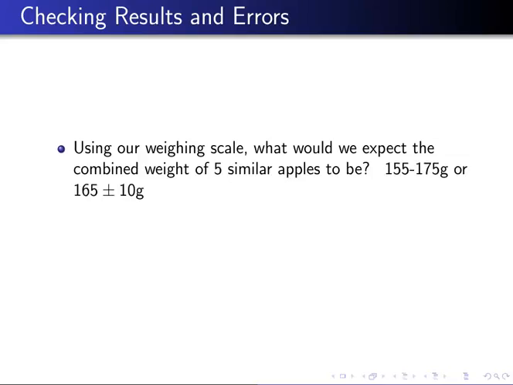Well, if each apple is 33 plus or minus 2, 5 apples like that would be 165 plus or minus 10, because we could end up with 5 apples which weigh 35 grams, or we could end up with 5 apples that weigh 31 grams, and that matches with what we've written.